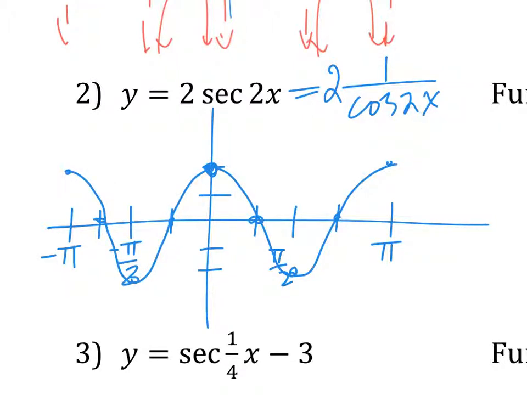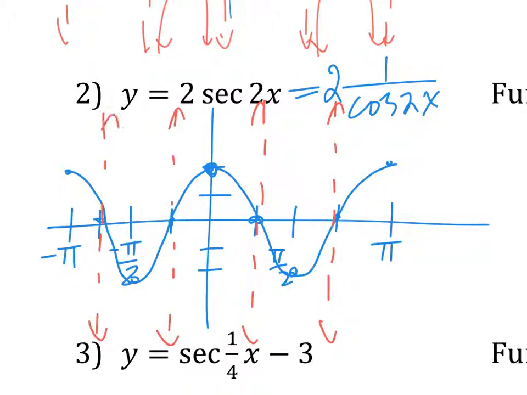All right, what's the next thing? What should I draw next? Good, asymptotes. I'm going to draw some asymptotes. And the last thing is what? Draw the u's, very good. So u's go on top and bottom.